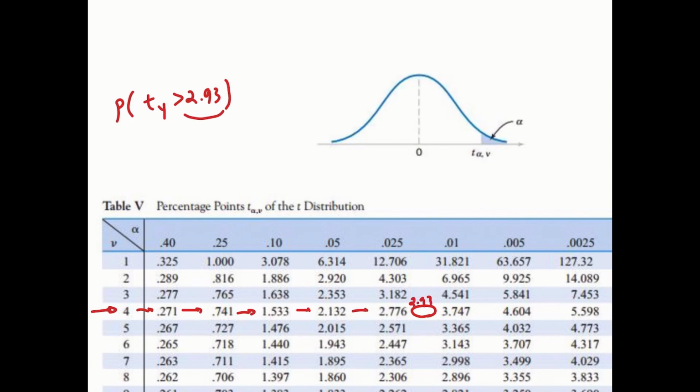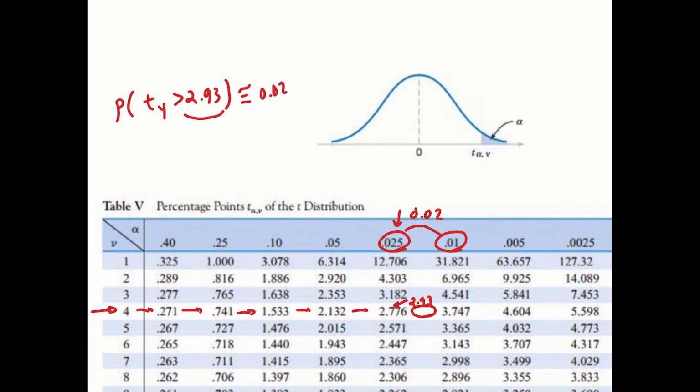These two are associated with 0.025 and 0.01. Because 2.93 is closer to 2.776, you pick a number between these two numbers but closer to 0.025. So I'm going to go with 0.02, let's say. We can approximately say that this is 0.02.